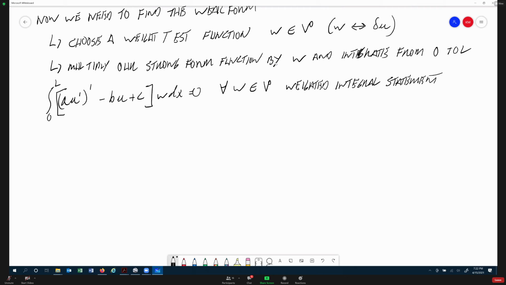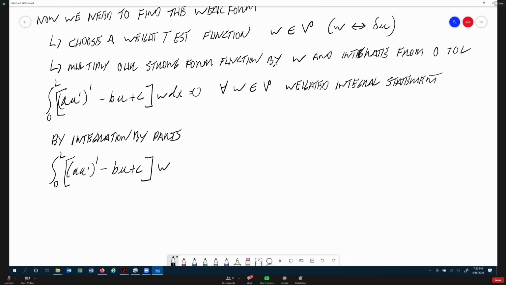The way you tackle this is by integration by parts. So integral of 0 to L (A U prime minus B U plus C) W dx is equal to, oh, sorry.